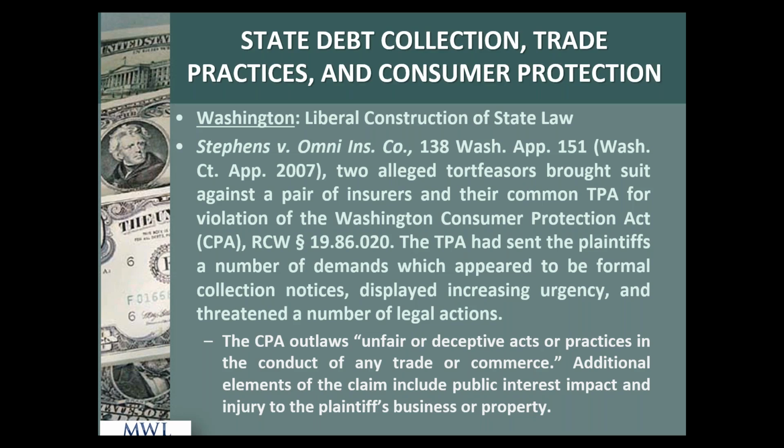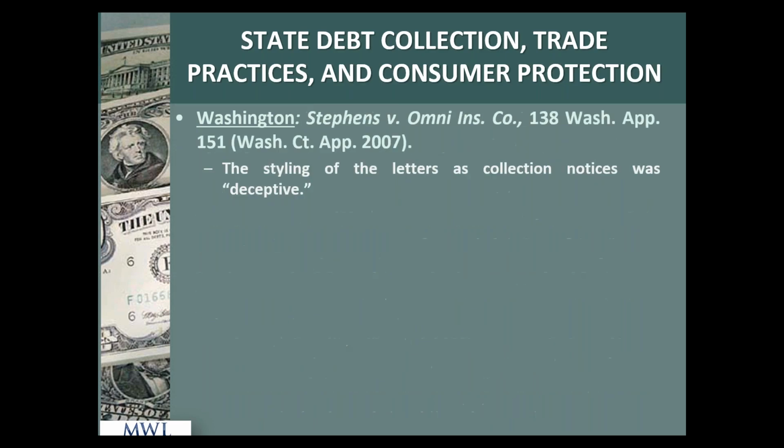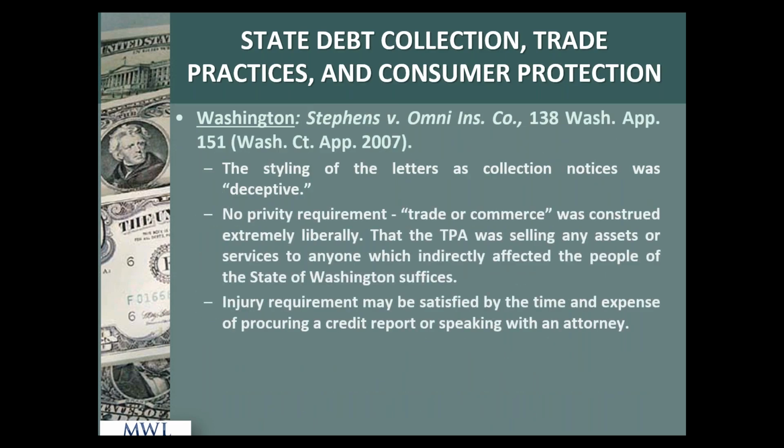So they looked at their Consumer Protection Act, which outlaws unfair and deceptive acts or practices in the conduct of any trade or commerce. And they have a much broader statute than the FDCPA. What they looked at was unfair or deceptive, and actually they distinguished from unfair. They thought that styling them as collection notices was deceptive, and they said you don't need to have any privity requirement, i.e. a transaction or some sort of other relationship of that nature.